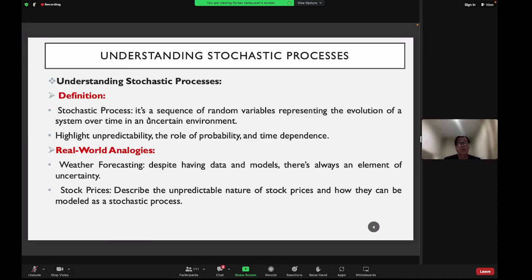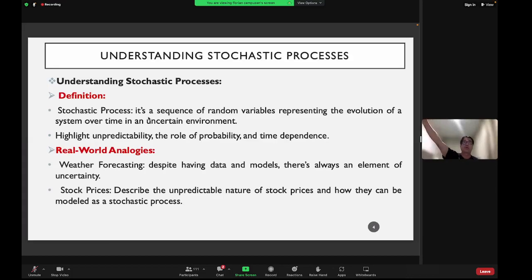But you can also find it in weather forecasting. We are good at it now, forecasting the probability of rain tomorrow or in 2 days or in 3 days. But there is still room for uncertainty. But we have to get models that are, as much as possible, able to give a guess that we can rely on.